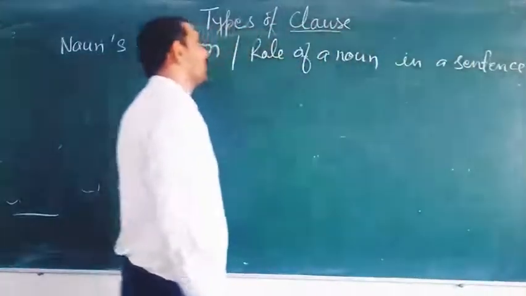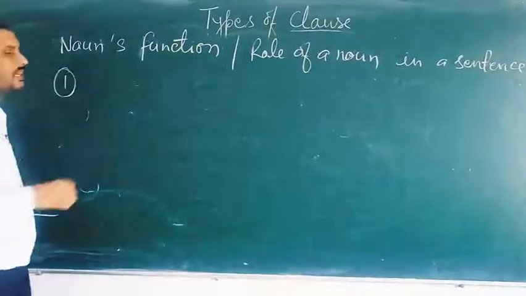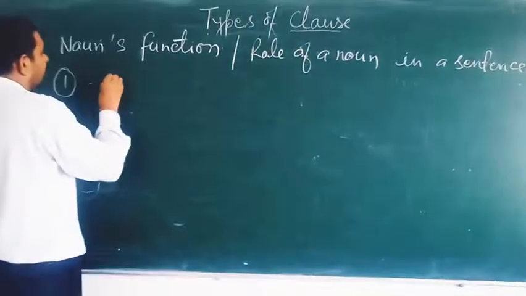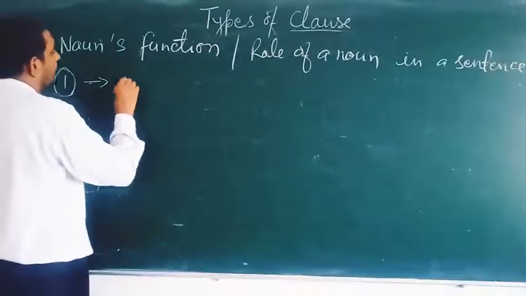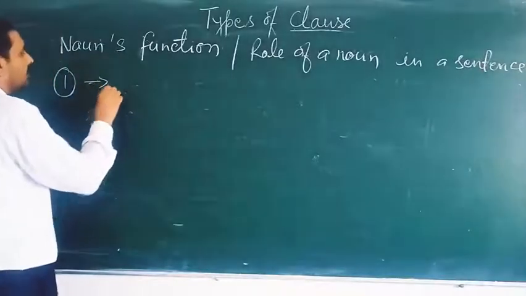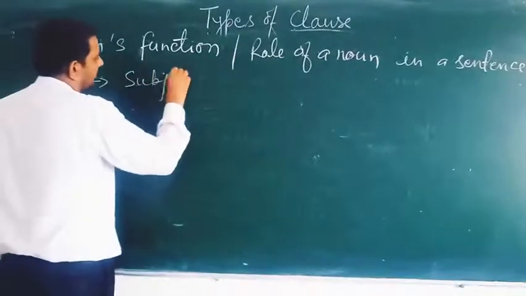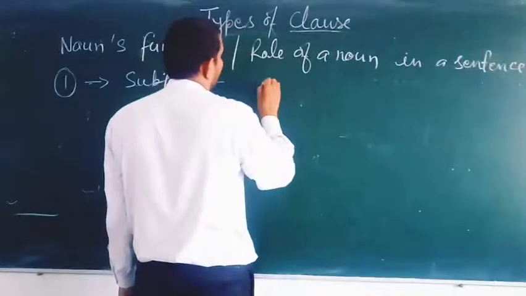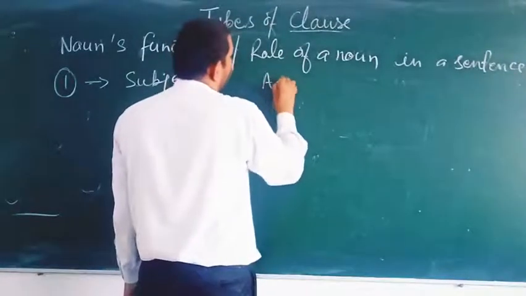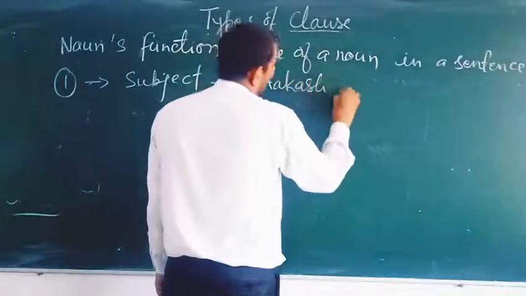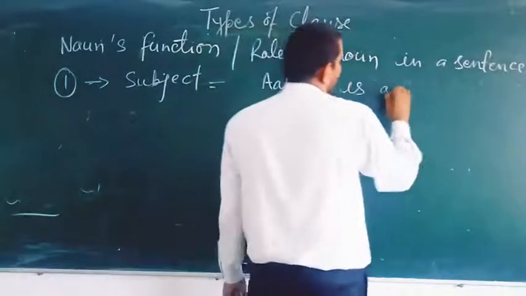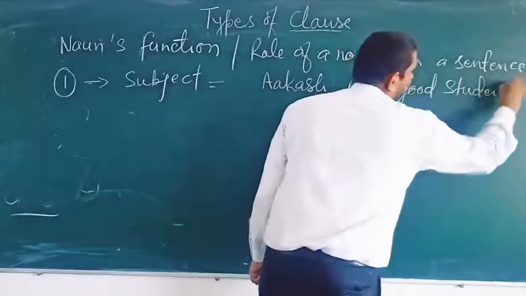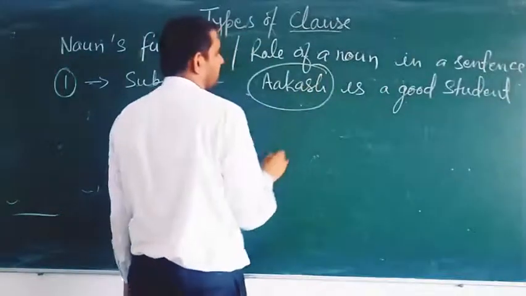So basically, a noun works as the subject of a sentence, just like Akash is a good student. So Akash is the subject.